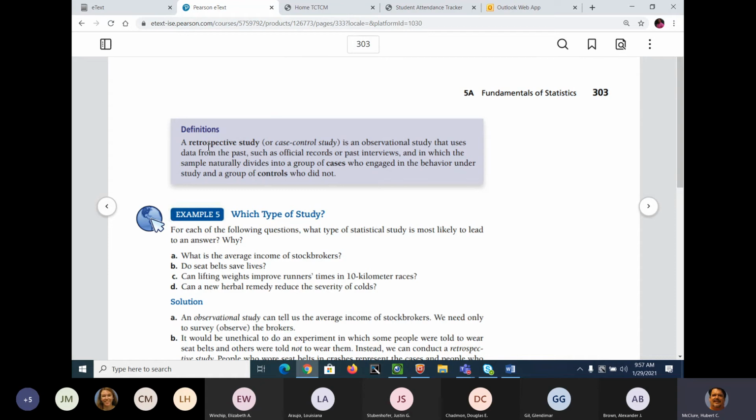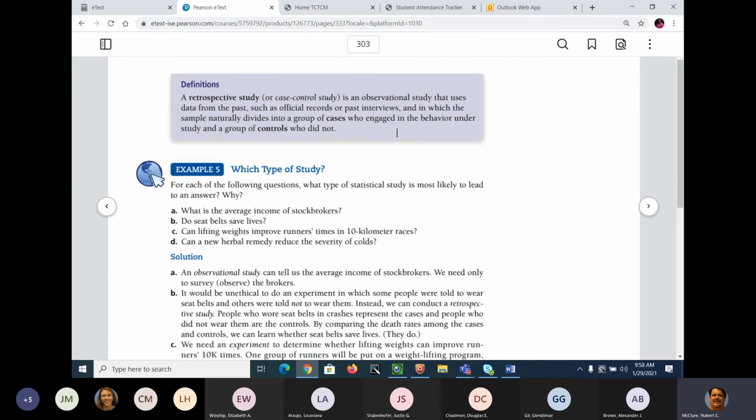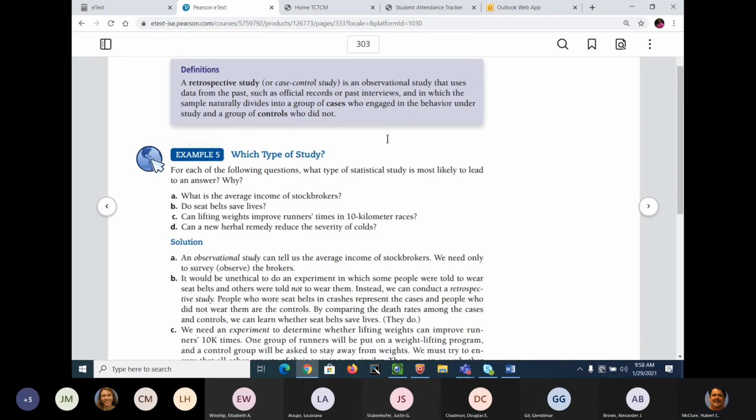Retrospective is when you actually go back in time and you pull stuff up to modern times. And cross-sectional is when you actually pull in modern times. I don't even know if they're going to test you on cross-sectional. They do in Math 120.